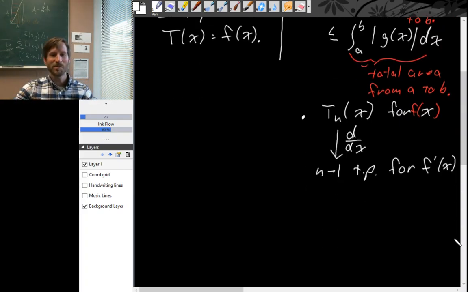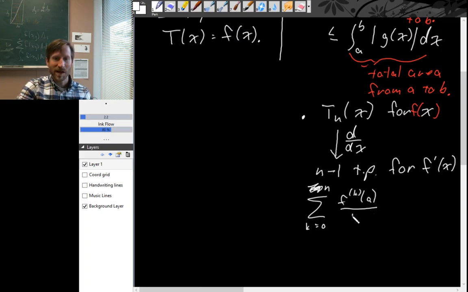This takes a little bit of calculation, but if you just take the nth Taylor polynomial for f of x, that's the sum from k equals 0 to n of the kth derivative at the base point divided by k factorial times x minus a to the k, and then take a derivative.